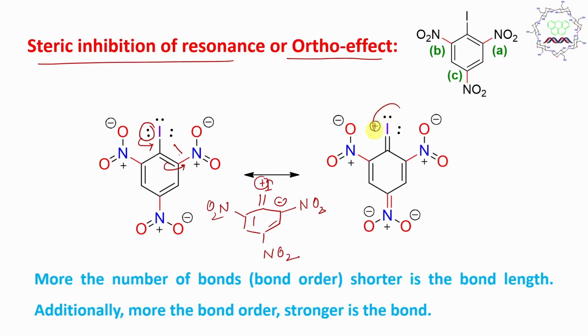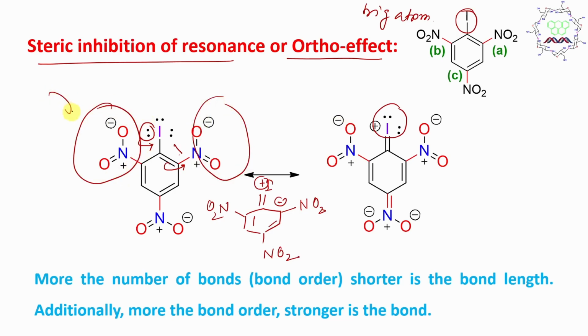Meaning this iodine, students, is actually a big atom. Look, carbon belongs to the second row, iodine belongs to the fifth row, so it has a very big size. So this big atom attached here, consequently because of this increased size or steric effect, these two nitro groups are forced into an out-of-plane arrangement. Since they are out of plane, what can happen?